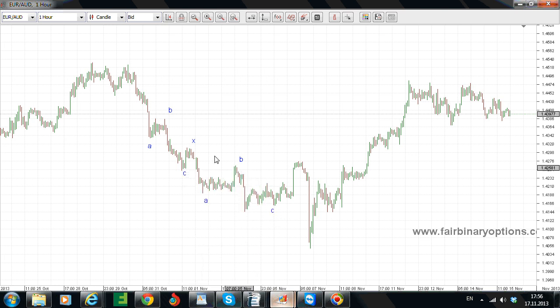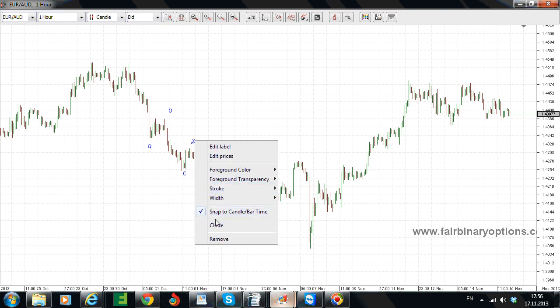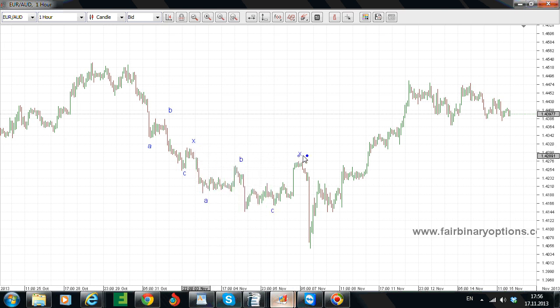And then what next? Another X wave to the upside, and then a contracting triangle that should end A, B, C, D, E.